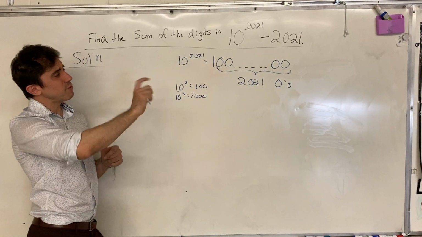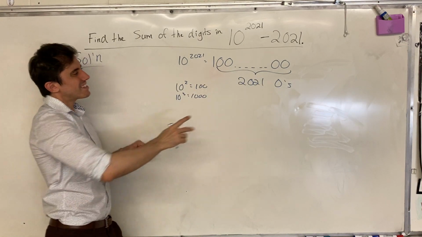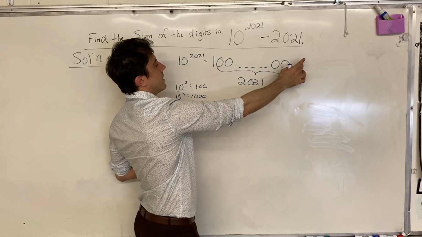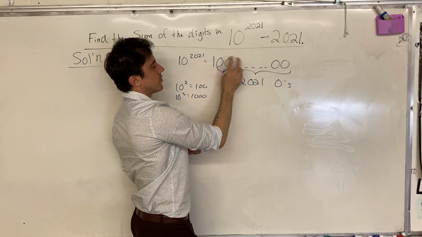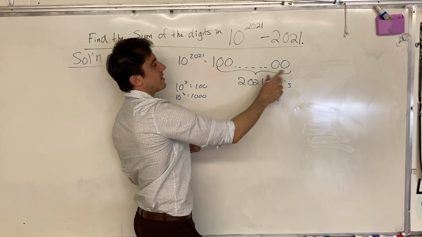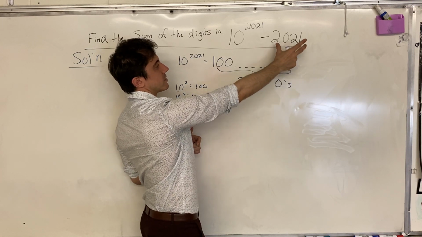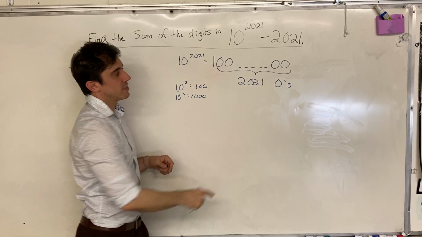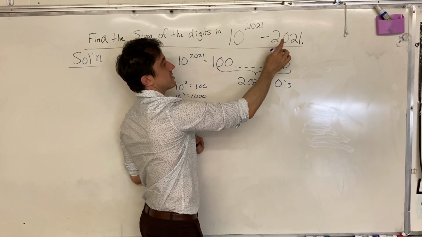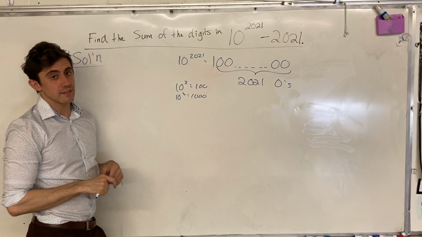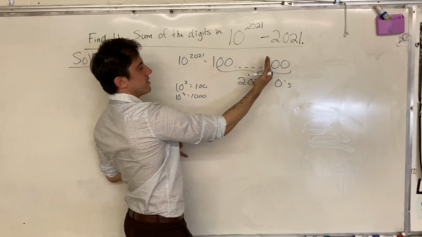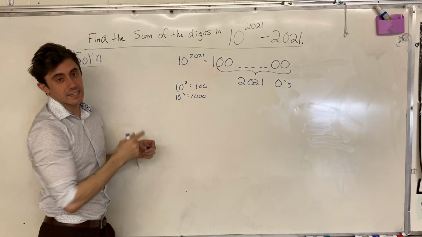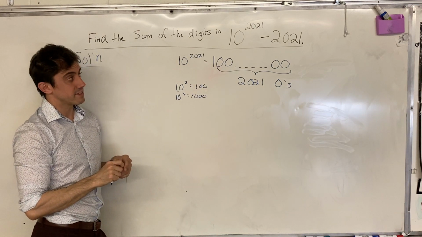Now, if we subtract 2021, in some sense, it's not going to affect the start of this number. It's going to affect the tail end when we're dealing with the units, the tens, the hundreds, the thousands, and then the 10,000s even. And then afterwards, we're going to see a fairly straightforward beginning of that value after we've taken away 2021.